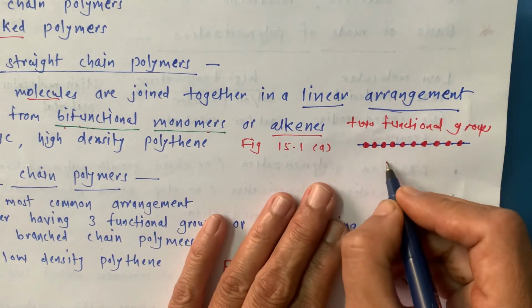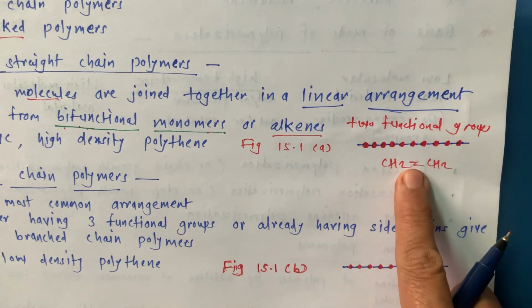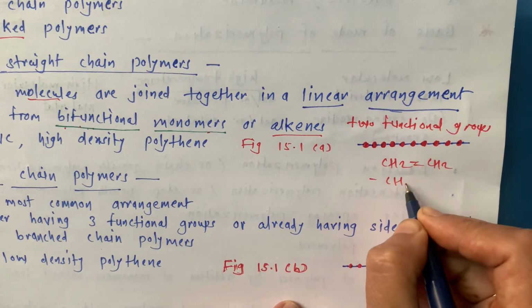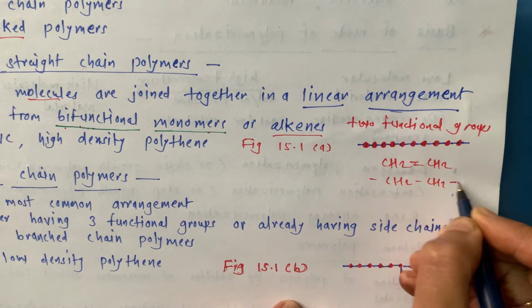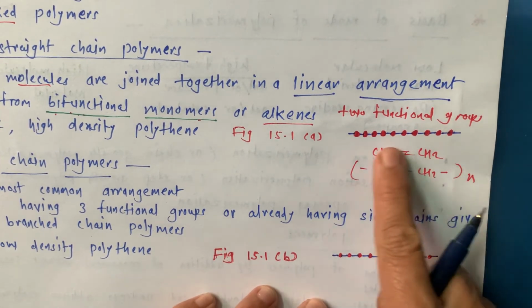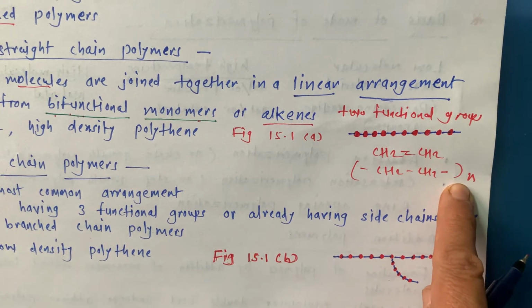Or suppose this is an alkene, and now if this bond breaks, a new bond forms like this, and so many monomers of this type link to each other to form polythene.